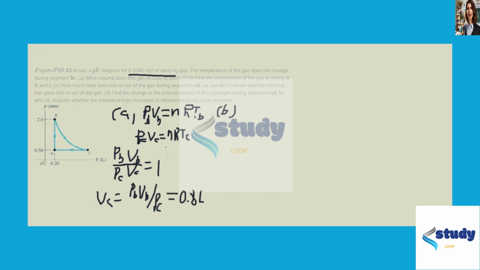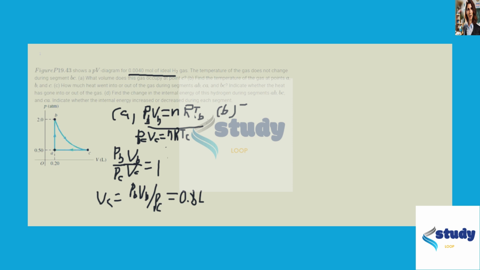Part B, we need to find the temperature at the three states. At state B, again we have this state equation. We can read VB from the diagram, and we know the amount of gas, and R is a constant, so we can calculate TB directly.